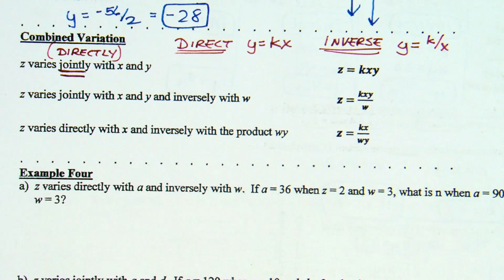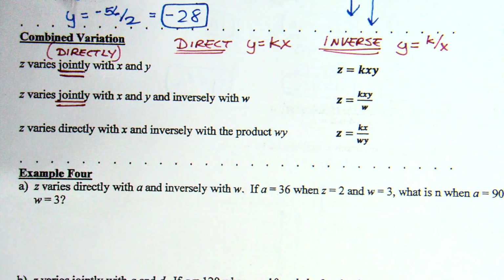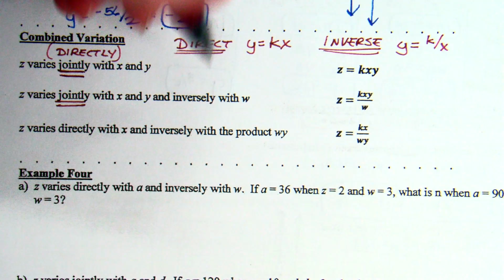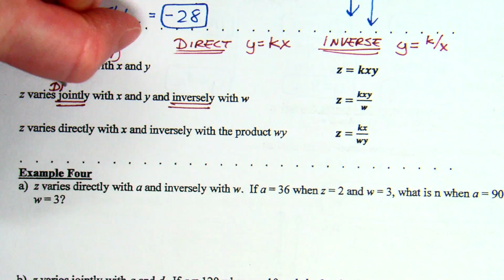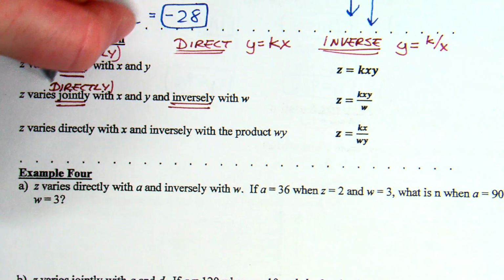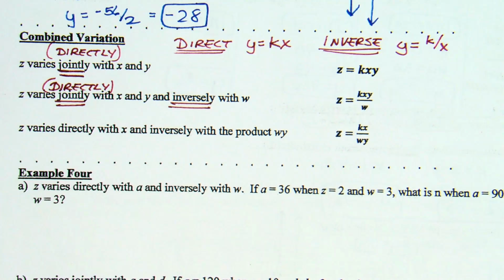And so thus, z equals kxy. Okay, the next example says z varies, what are my words here? Jointly with x and y and inversely with w. Well, jointly is another word for thinking what? Directly. So that's saying z varies directly with x and y and inversely with w. So direct variation, what do we have to do?